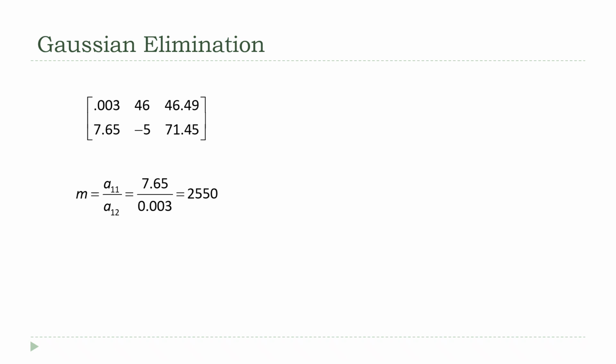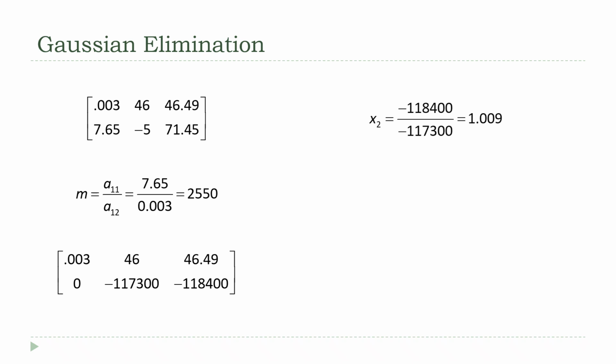Now, if we multiply every element of row 1 by this amount, round those results to 4 digits, and subtract them from row 2, we get this matrix. And we can start the backward substitution process. Solving the last row for x2 gives us x2 equals 1.009, which has some round off error, but not a significant amount.